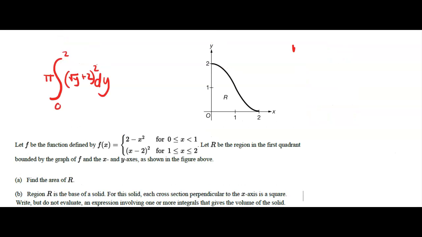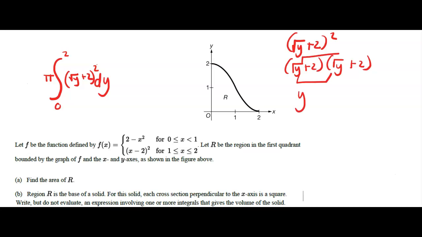So the first thing I'm going to need to do is square this thing. Multiplying those, I get y. Multiplying square root of y times 2, I get 2 radical y. Another 2 radical y. And then a 4.